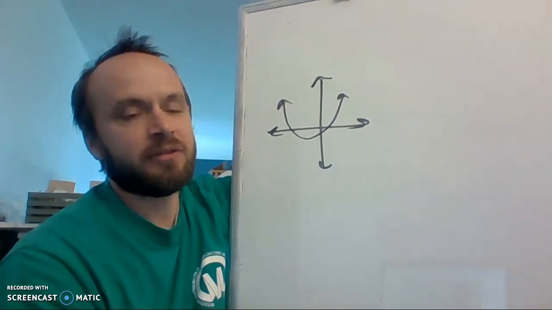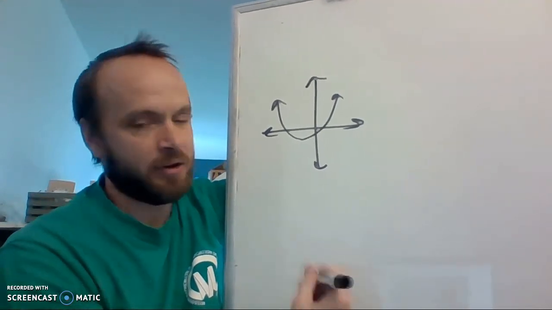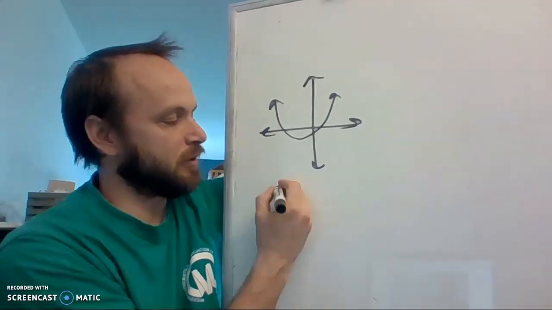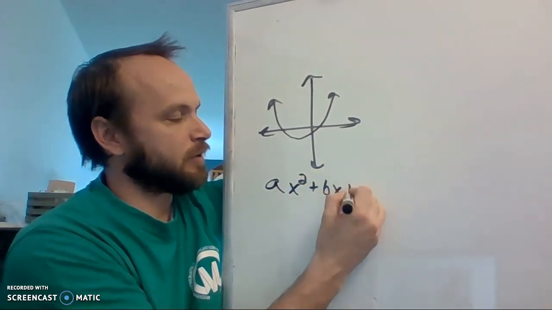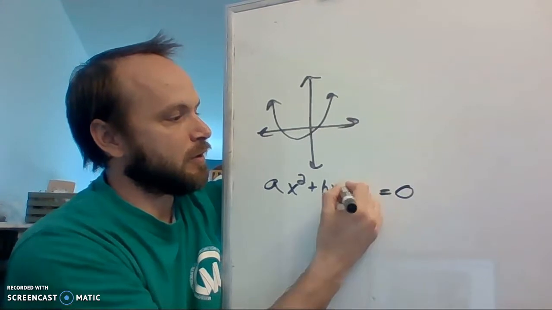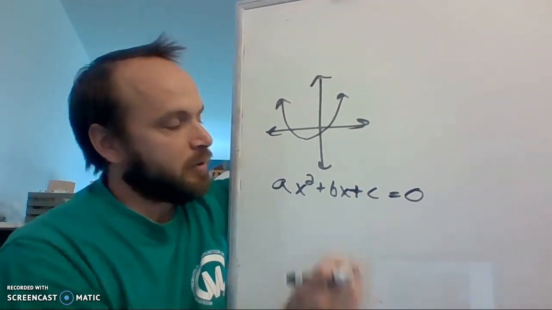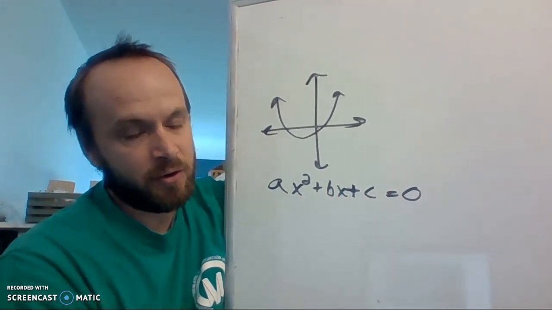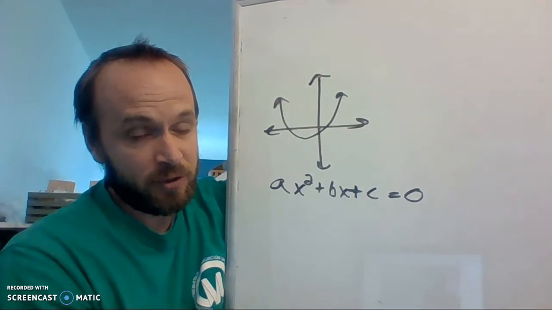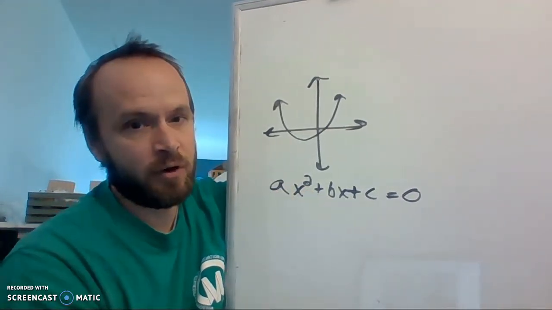The way that we write this generally, we call it the standard form, or the standard equation with numbers and letters, is the following. Ax squared plus bx plus c, and we usually want it to equal 0. Notice how there's an x squared and an x. It's different than the equations from the last section, where generally speaking it was just a line, and you didn't have a squared variable.